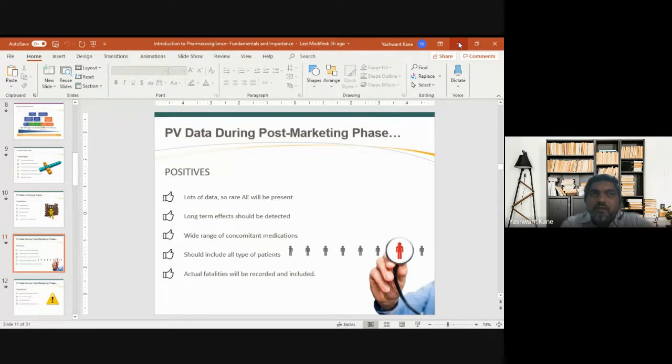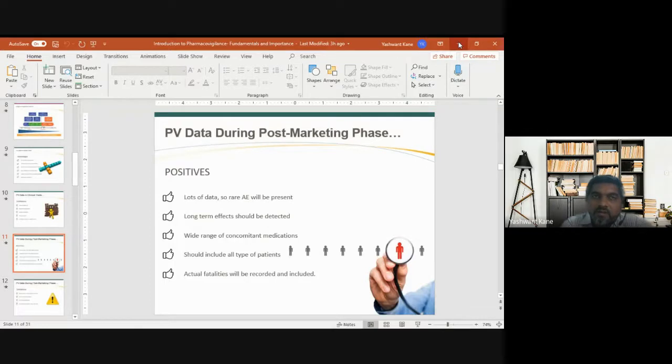Wide range of concomitant medications: various other conditions also get involved. There is one adverse event, I would say tinnitus, from taking diclofenac. It's a very rare scenario, but due to the wide range of medications being used, it occurs in very few patients, and that kind of adverse event can be detected.